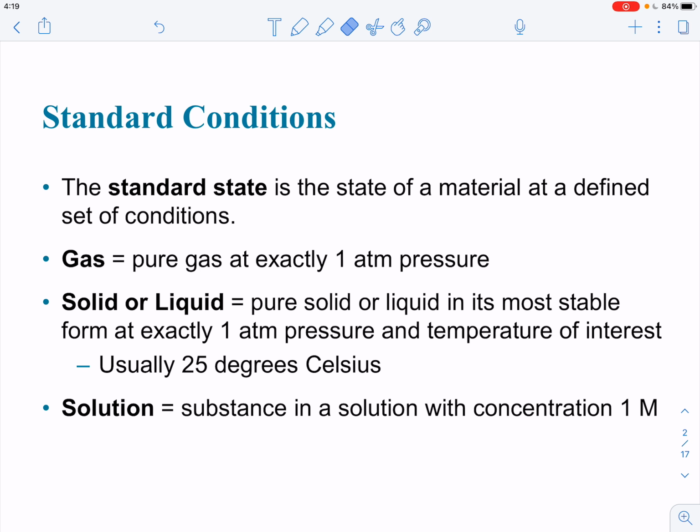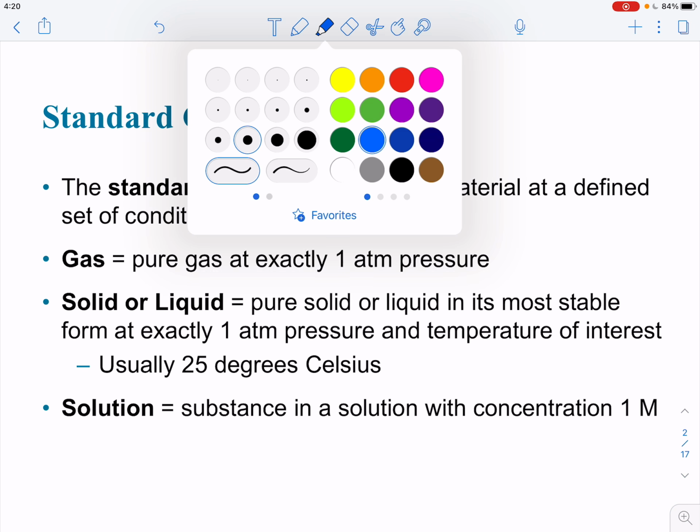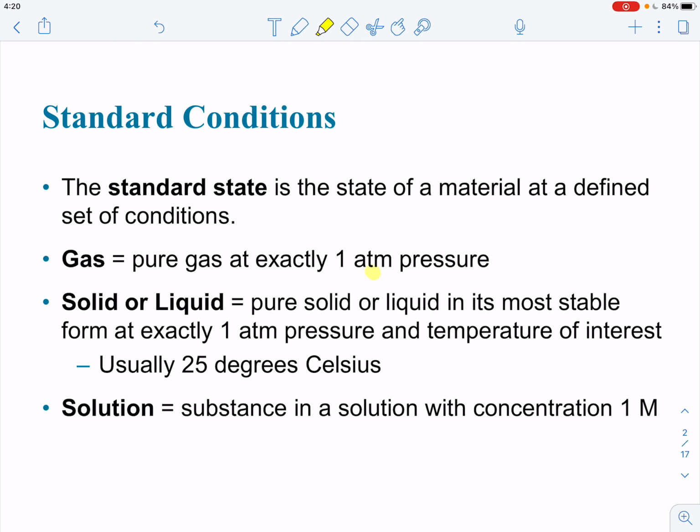So if you have a substance that is normally in the gas state, then under what conditions would that gas be considered as standard state? For gases, that gas has to be a pure gas and it has to be at 1 atmosphere pressure.